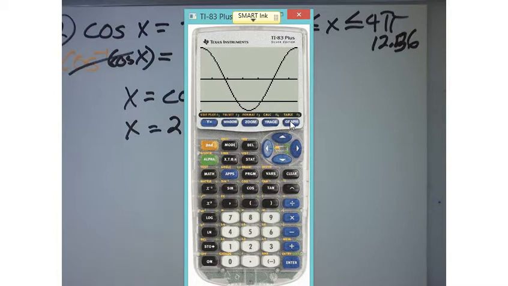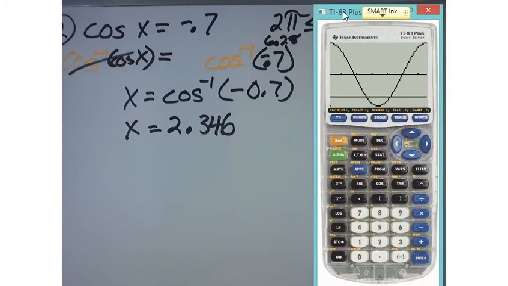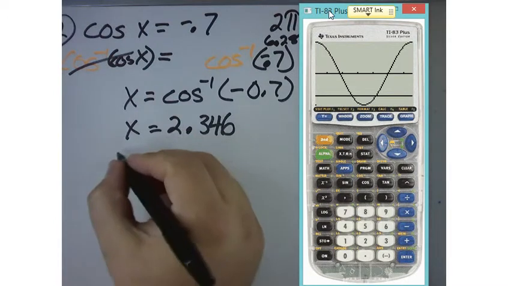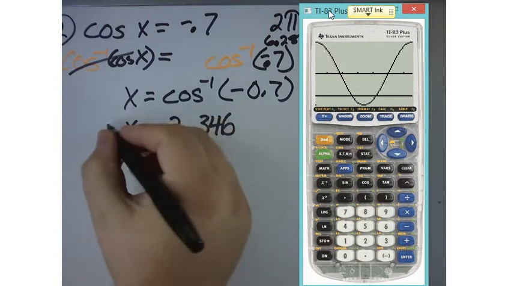Now, how do we find those values? Well, if I were to guess, what is the period of cosine? 2 pi. So this is one solution, but it doesn't meet our requirements.